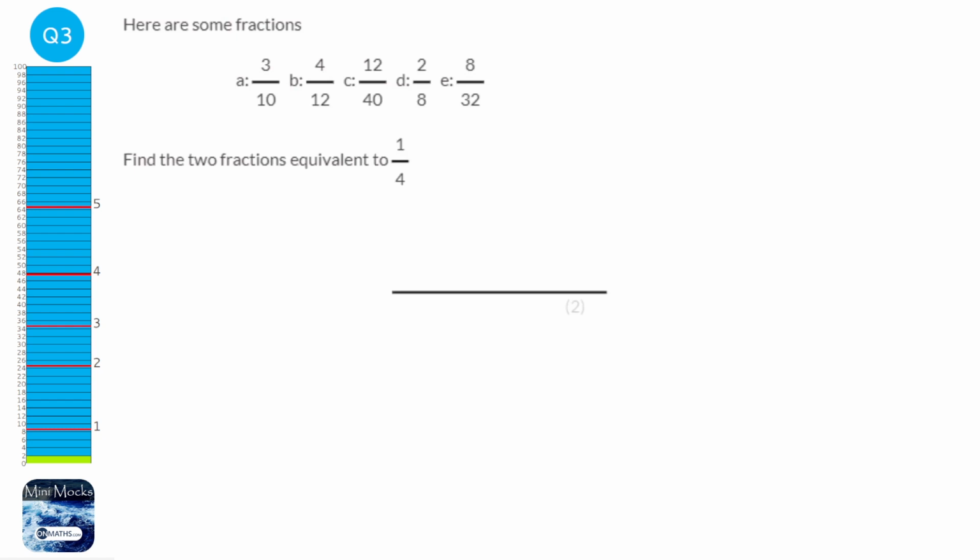To find if a fraction is equivalent to a quarter, you can multiply the numerator by 4, and it should match the denominator. So 1 times 4 is 4, and that matches the 4 at the bottom. So 3 times 4 for this first fraction is 12, well that doesn't match. 4 times 4 here is 16, well that doesn't match. 12 times 4 here is 48, that doesn't match. 2 times 4 is 8, so that does match.